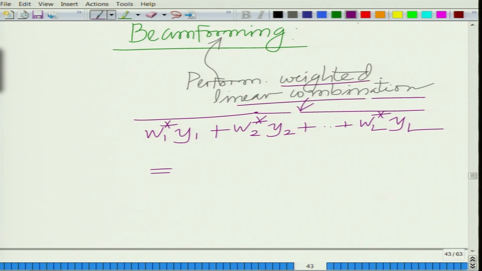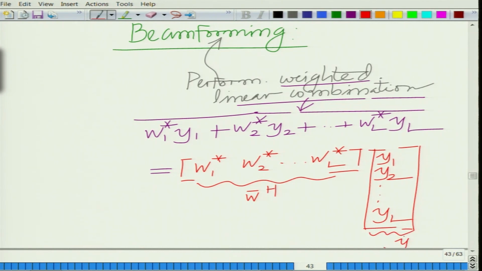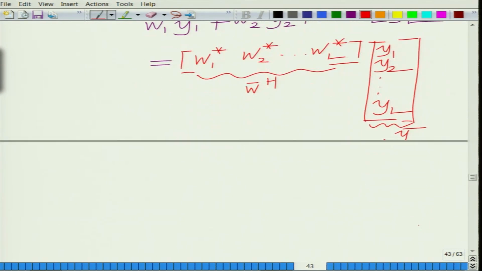This is your weighted linear combination of the outputs, which you can write as the row vector W1 conjugate, W2 conjugate, ..., WL conjugate, times y. So, this is what you write as W bar Hermitian, times your output vector, the signal vector y bar. So, what is W bar Hermitian?